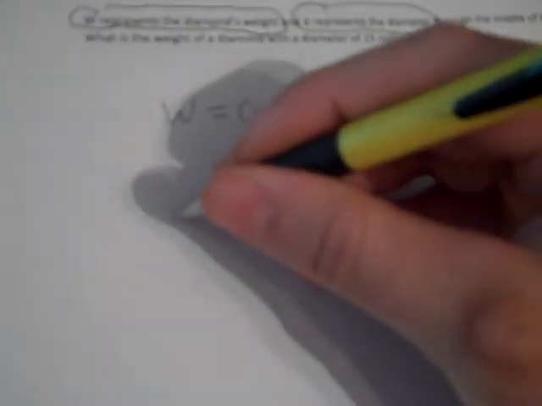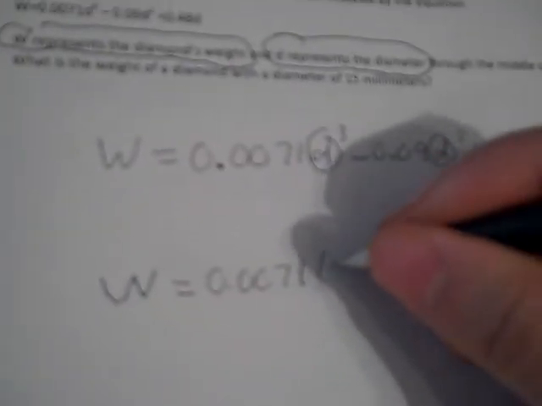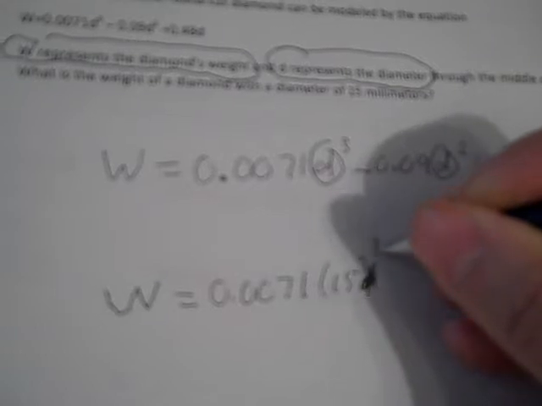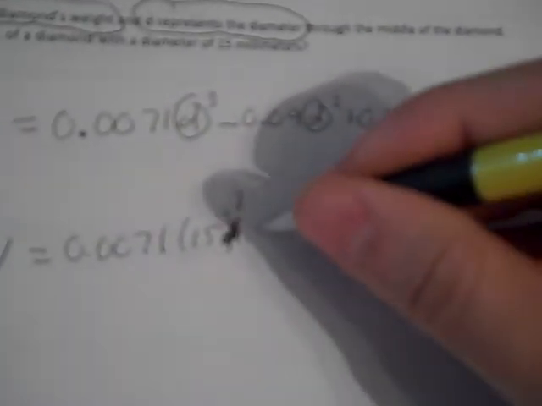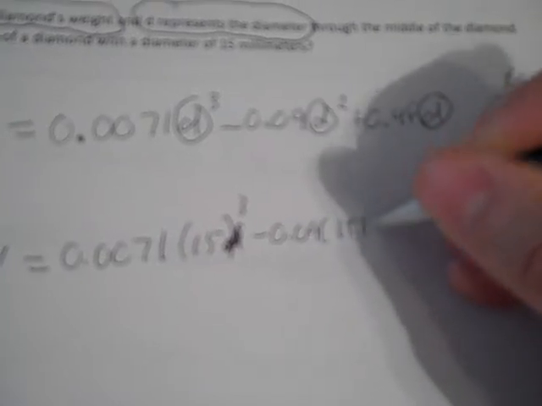Okay, so W equals 0.0071, and then parentheses 15 to the power of 3, minus 0.09, parentheses 15 to the power of 2, plus 0.48, parentheses 15.